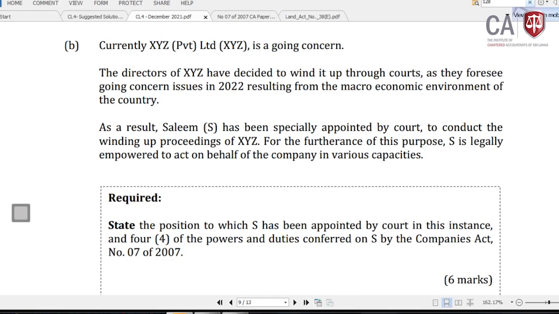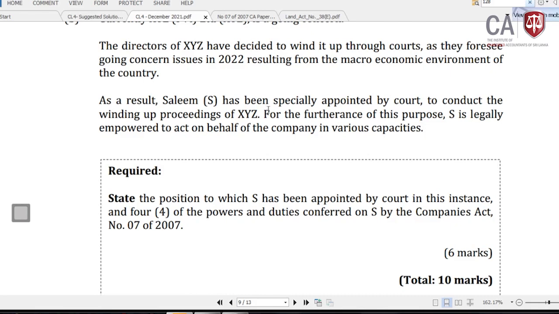So, first you have to mention the position to which S has been appointed. Based on the information given in this scenario, it appears that Salim has been appointed by court as the liquidator. Then you can explain the powers and duties of a liquidator.